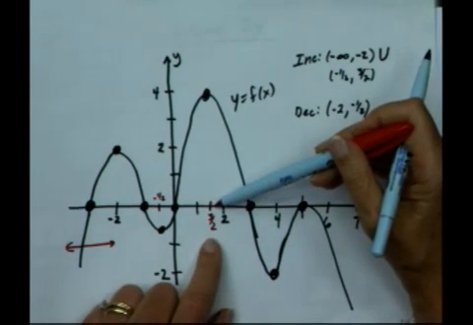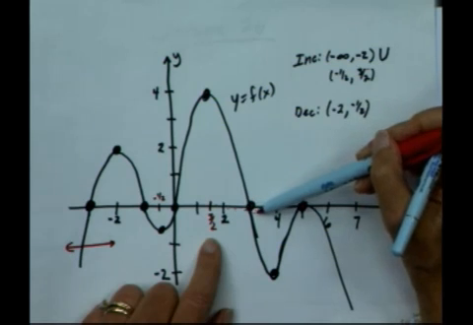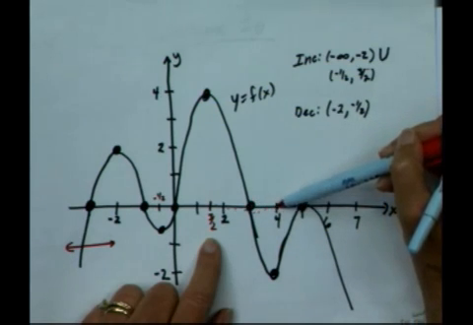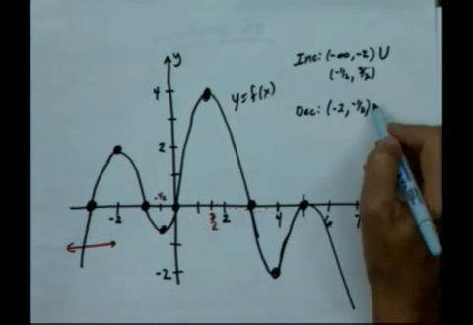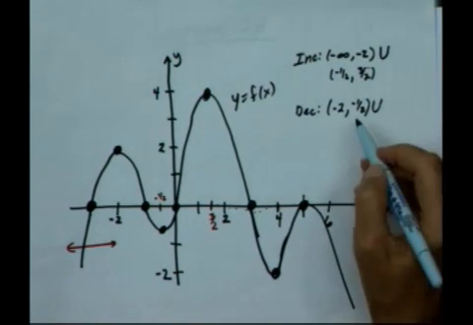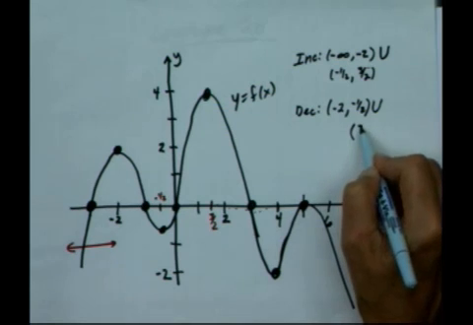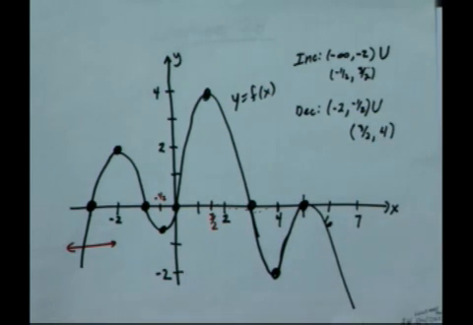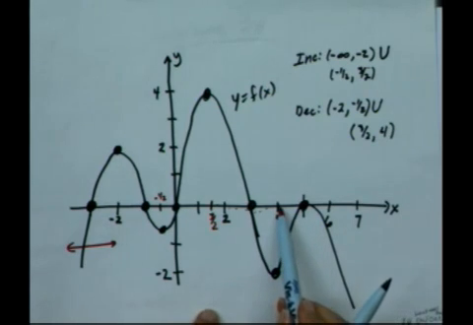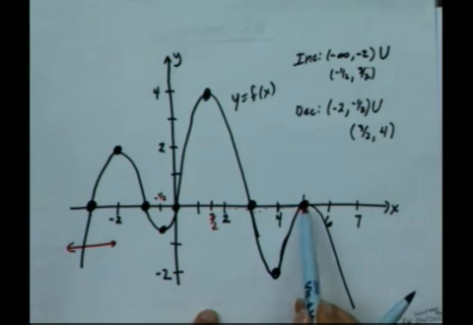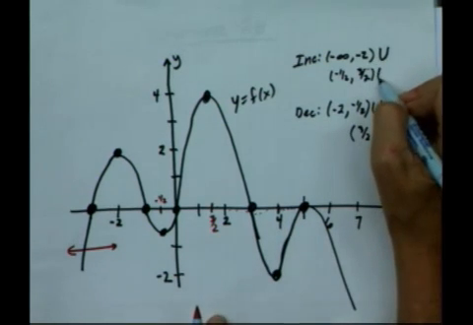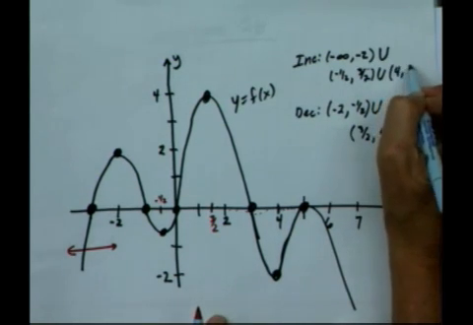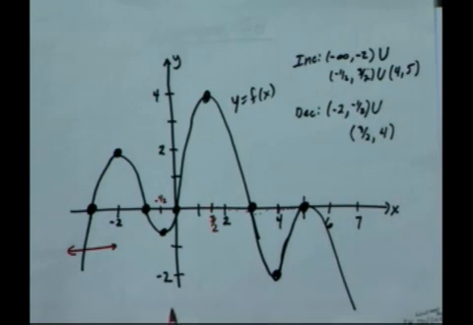What's the next thing I need to say? Decreases till it gets to 4. So we'll say also it's decreasing from 3/2 to 4. And then what happens? 4 to, so it increases again from 4 to 5. And then what?